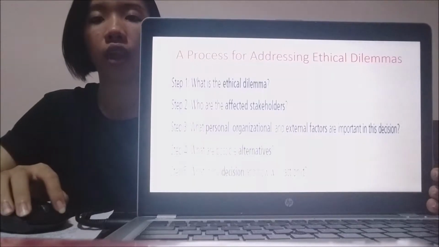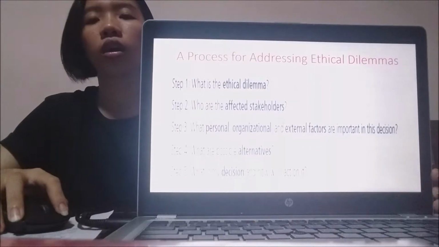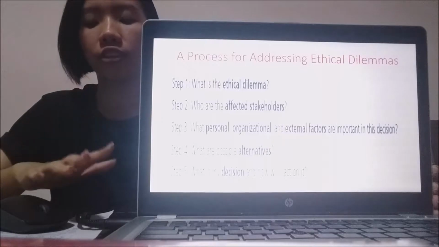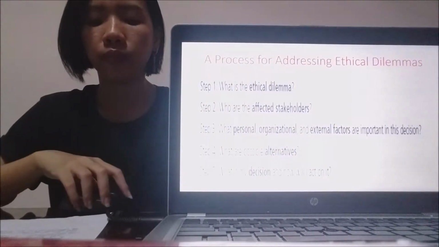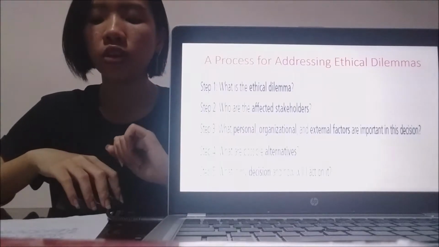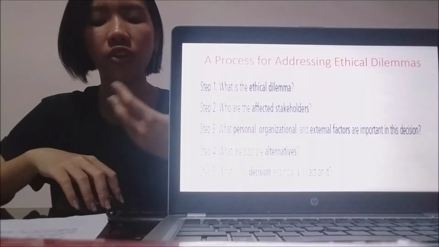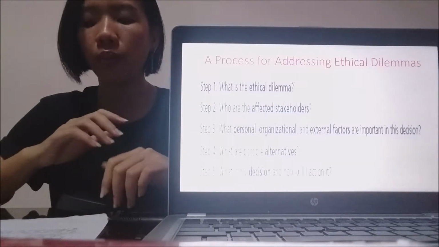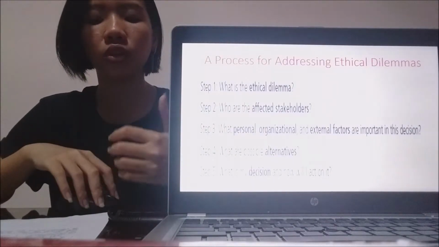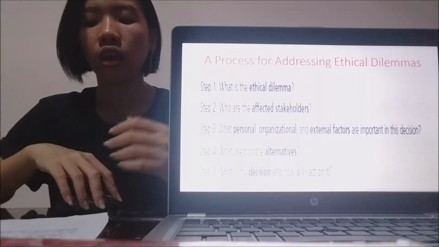And the last one is the process of addressing ethical dilemmas. This will consist of 5 steps, and a process for addressing ethical dilemmas can be said to be a tool for managers to establish the course of ethics.